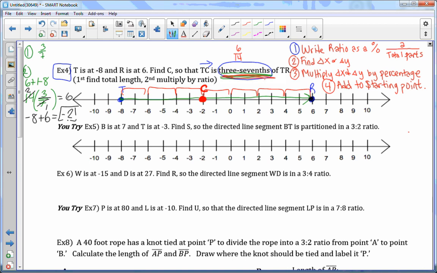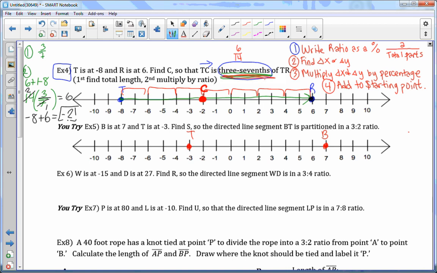Let's look at the next one. B is at 7. So find 7 and put capital B. T is at negative 3. Find negative 3 and put capital T. Please make sure you write this down.